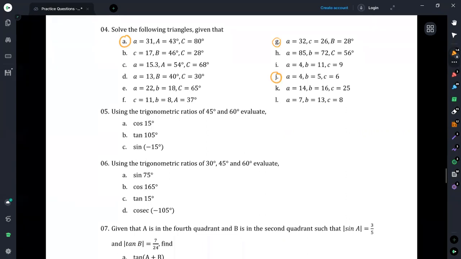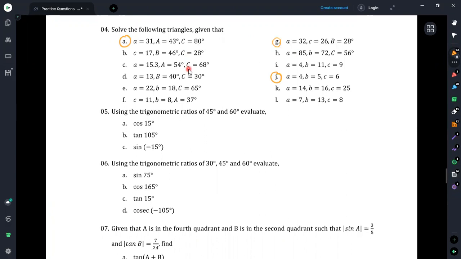Here we are asked to solve the triangles. To solve the triangles, we can simply use the sine rule, the law of sines, or the law of cosines to obtain the solutions for the given values of the triangles.